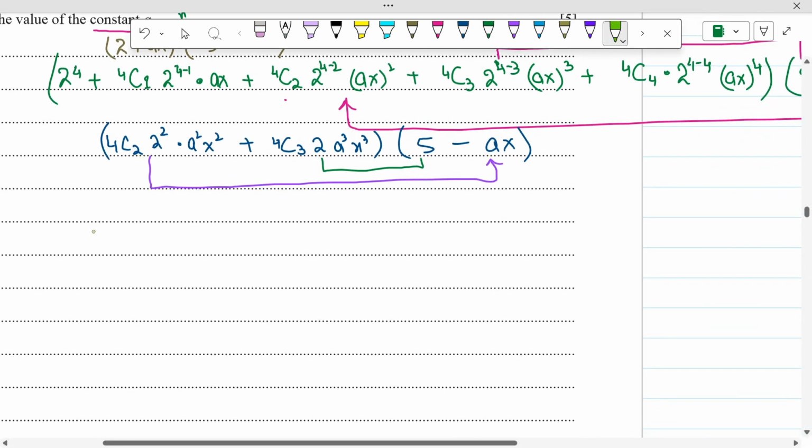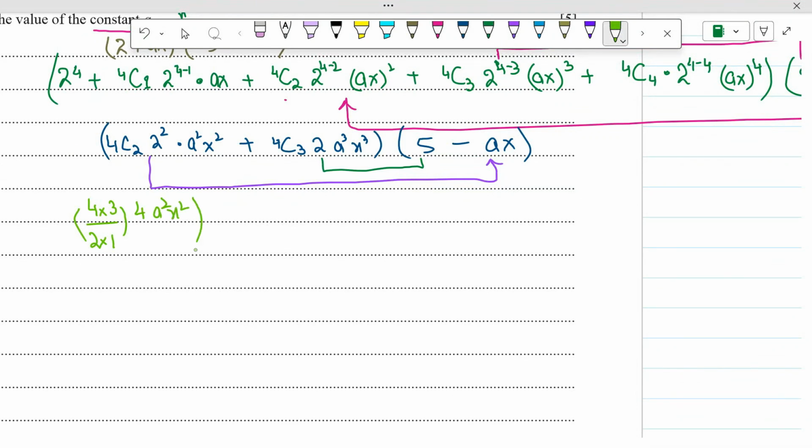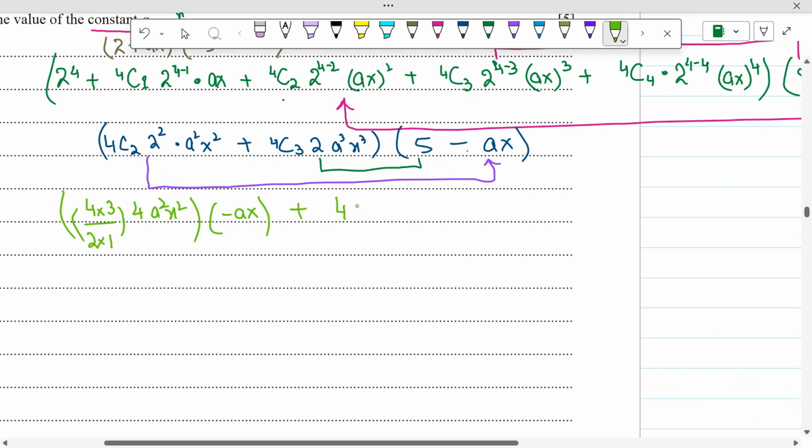So 4C2 is 4 times 3 over 2 times 1. 2 square is 4, a square x square times negative ax, plus 4C3 is 4, times 2, times a cube x cube, and this term will be multiplied with 5.